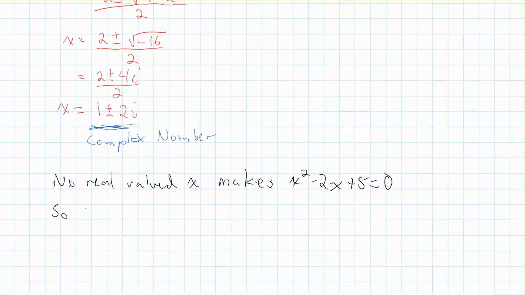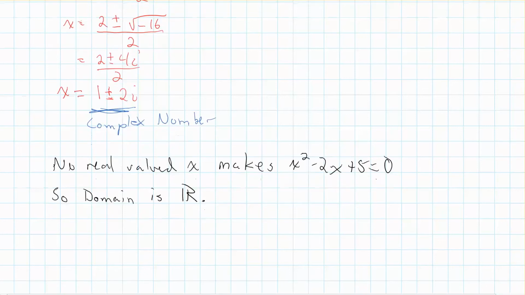So the domain is all real numbers, because there's nothing that makes that denominator 0. So just because you've got a denominator with variables in it doesn't mean you're always going to get something that makes the denominator 0. Important thing to remember.